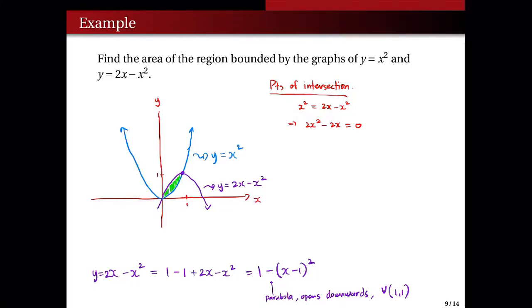From here, you can just factor 2x, and inside the parentheses, x minus 1, and that's equal to 0. So this means that you have x equals 0 or x minus 1 equals 0, or x equals 1. And indeed, this is your x equals 1, and this is your x equals 0. Therefore, your interval will be from this point, which is your origin, up to this point.